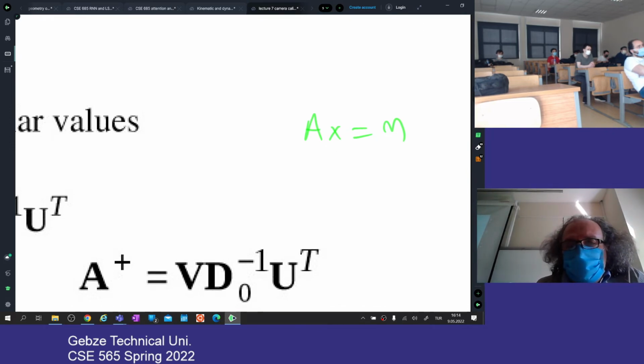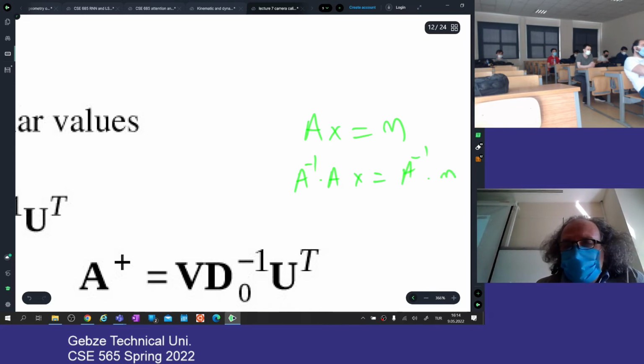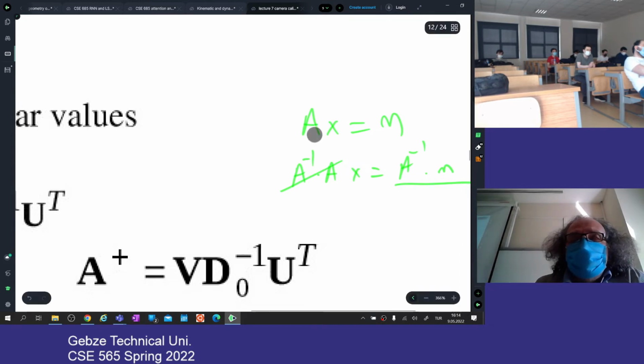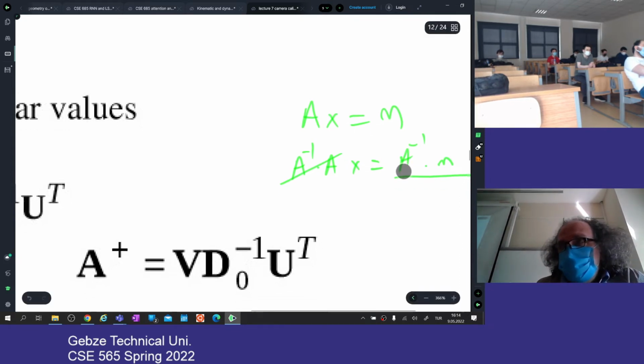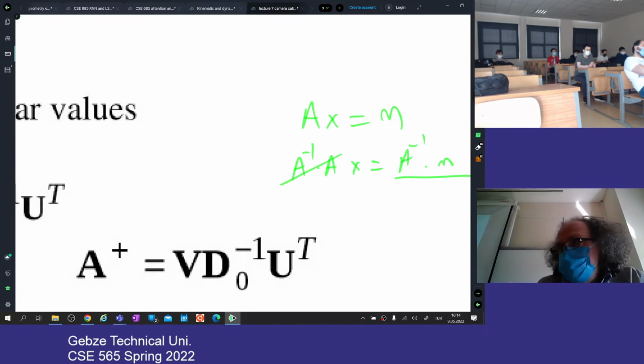You would multiply by the inverse of A, so this will go away, and this will be your x solution, right? So if A is a singular matrix, what does that mean? You cannot take the inverse of it, right? That's why singularity is important, right?